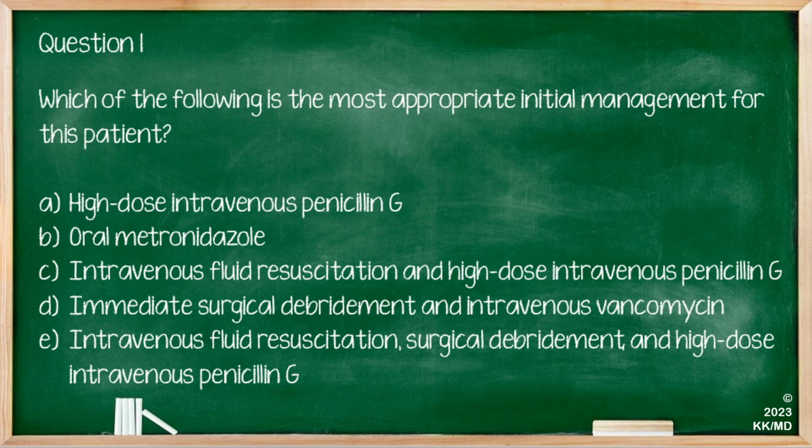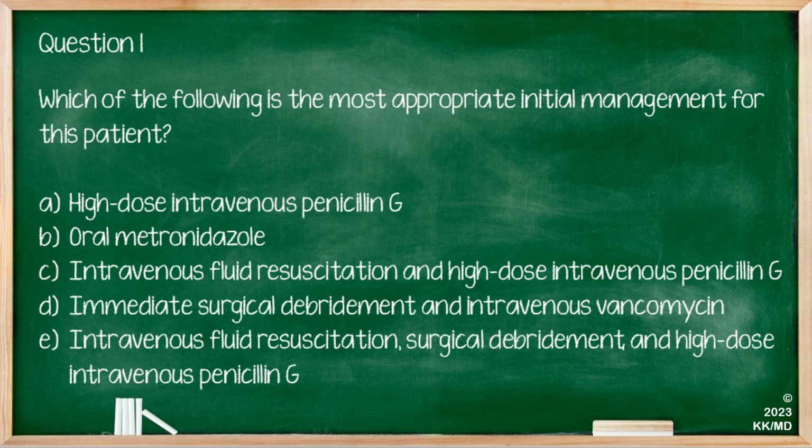So going back to the scenario, you will realize that this is a patient that is showing signs and symptoms consistent with septic shock, that is, a high heart rate and associated low blood pressure. It's been easy on you by giving you the diagnosis that this is gas gangrene, and it's pretty much just asking about the immediate management.